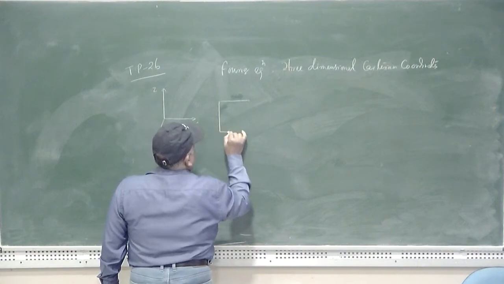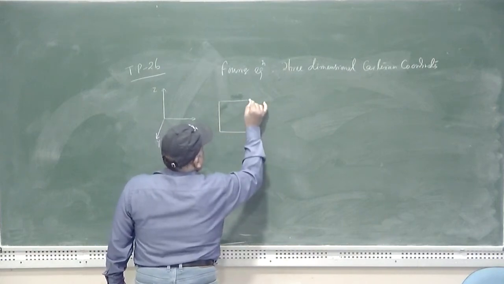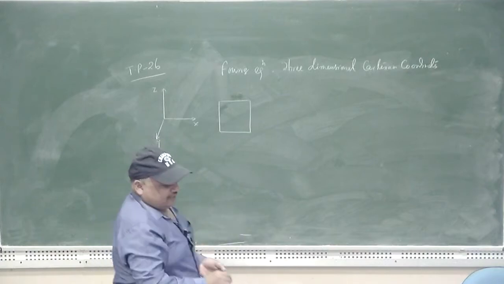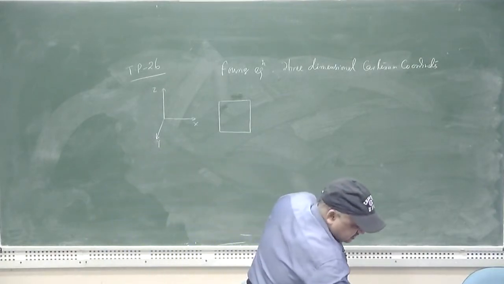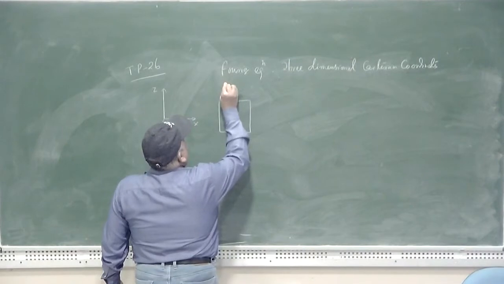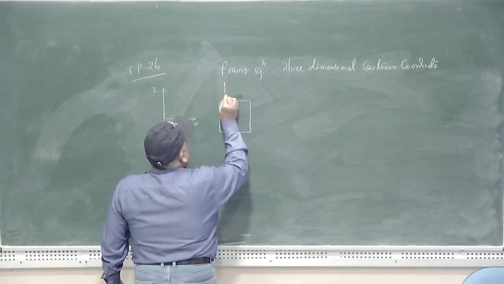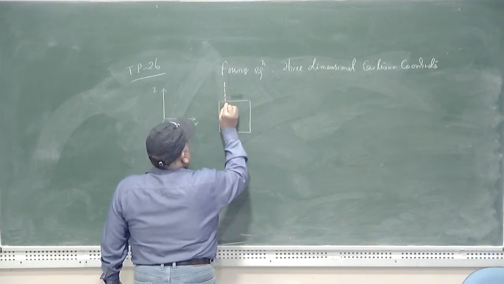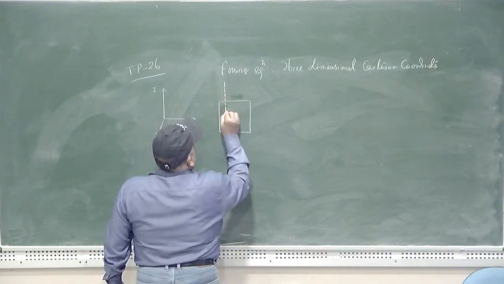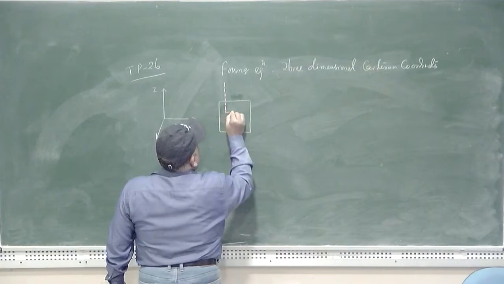having dx, dy, dz as respective quarter minus edge lengths. So let us construct this parallelepiped first.